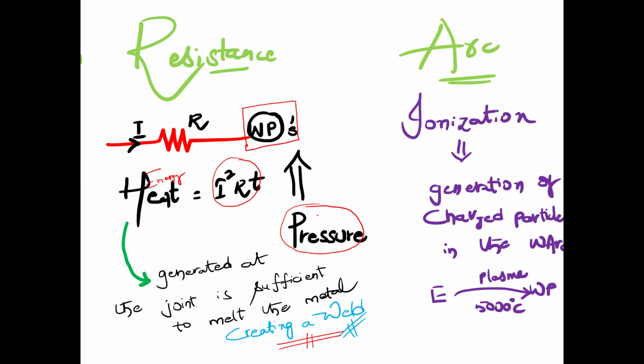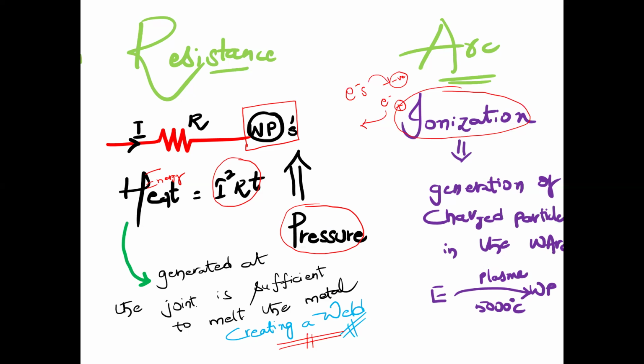Coming to arc welding, the principle used here is called ionization. Ionization is where electrons enter or leave. If electrons leave, the particle is positively charged. If electrons enter, it is negatively charged, and this creates ions.